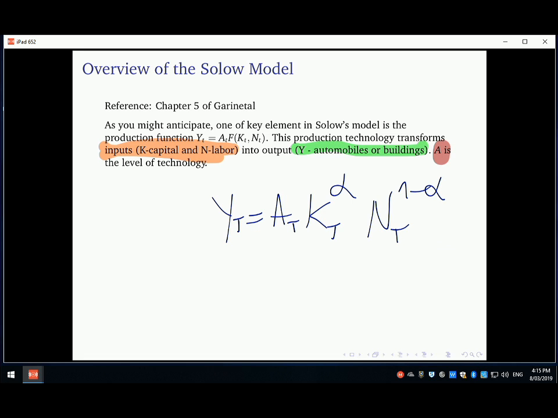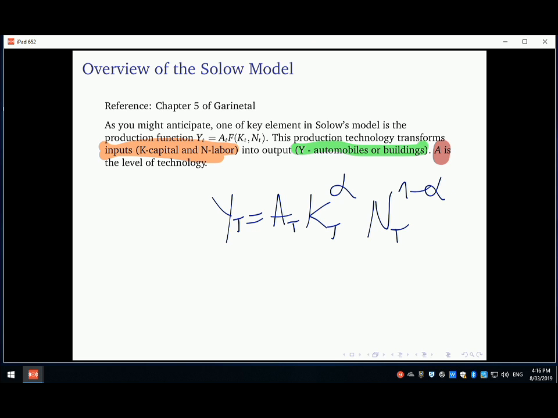So A_t is whatever is not capital and labor that affects output. So that can be the quality of institutions in a given country, the credit conditions that allow some firms to invest and others not to, market power. It can be a bunch of different things that affect output Y that are different from K and N.